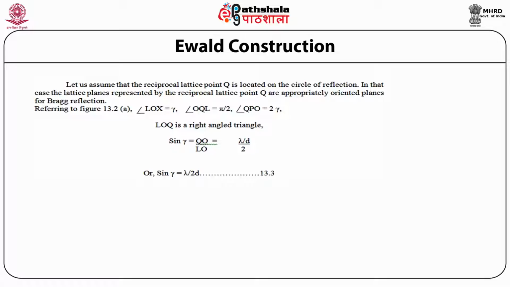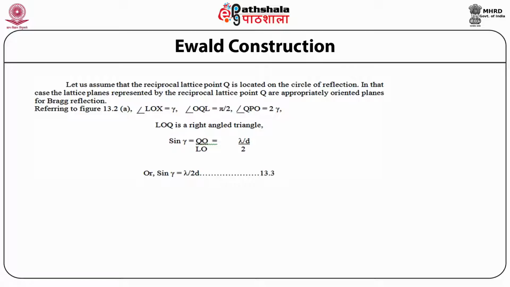In that case, the lattice planes represented by the reciprocal lattice point Q are appropriately oriented planes for Bragg reflection. Referring to figure 13.2a, angle LOX is equal to gamma, angle OQL is equal to pi by 2, angle QPO is equal to gamma. So LOQ is a right-angled triangle.